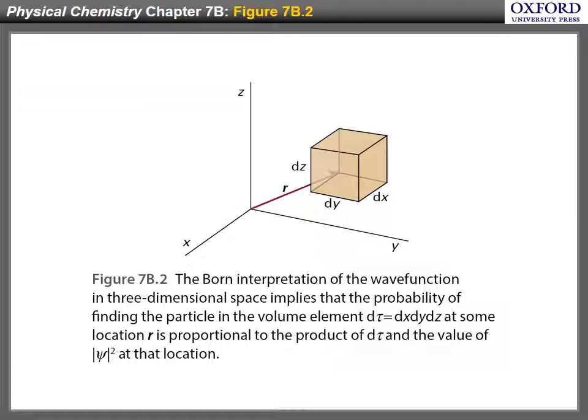Now let's look at an example of a particle that is free to move in 3 dimensions, such as an electron near its nucleus. In that case, the wave function depends on a point r with coordinates x, y, and z.